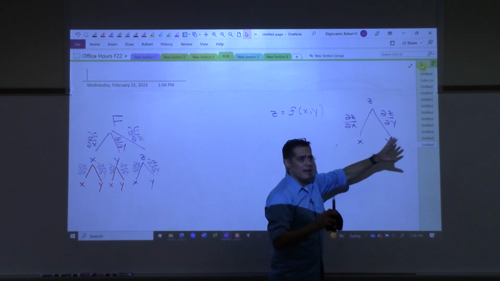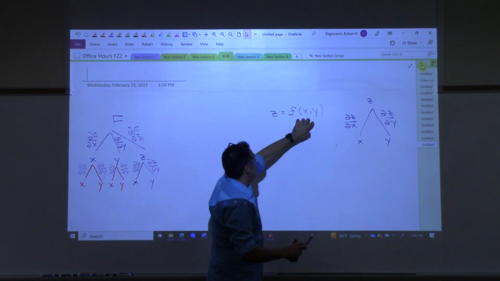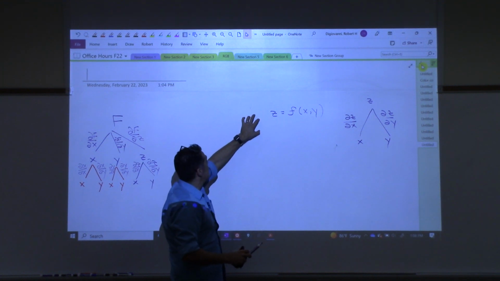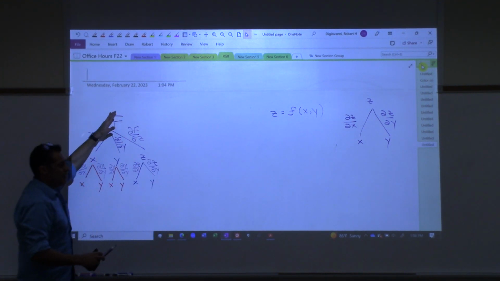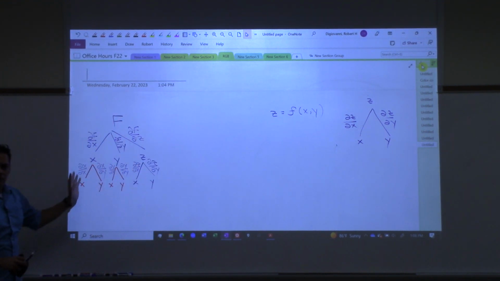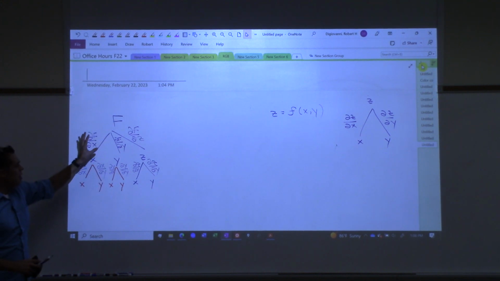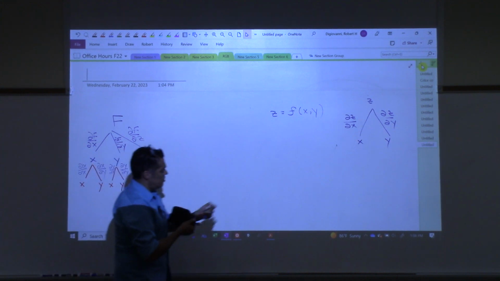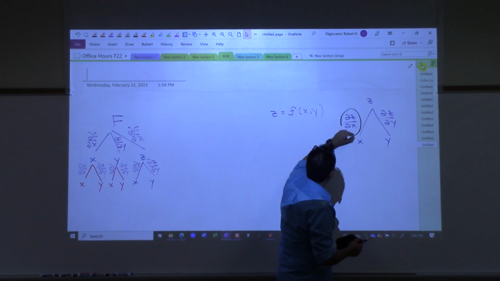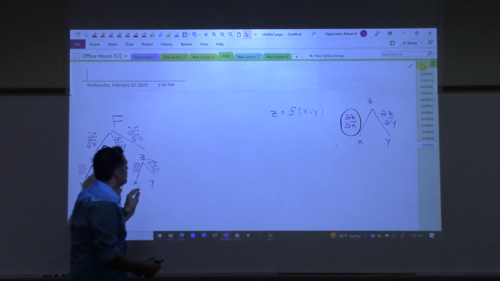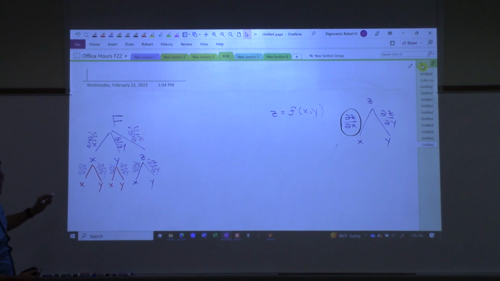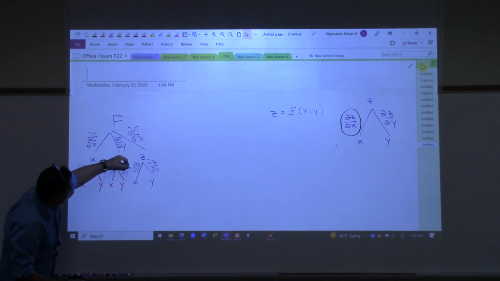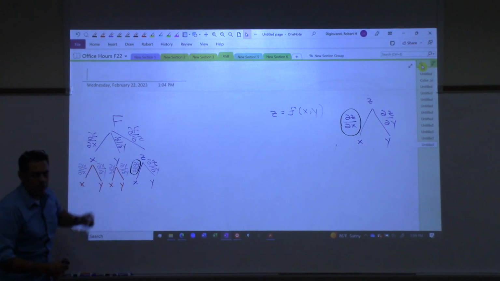All right? So what I did was I moved everything to one side, called it capital F, and then I created the tree from that capital F. And what I want you to see right from this is that if I wanted to know what this is, do you all see that appears in this tree somewhere? Where is it? Right there, right? It's in this tree, right?